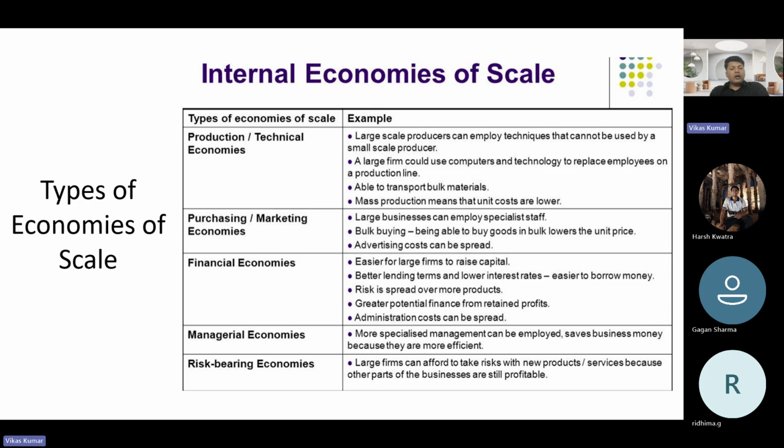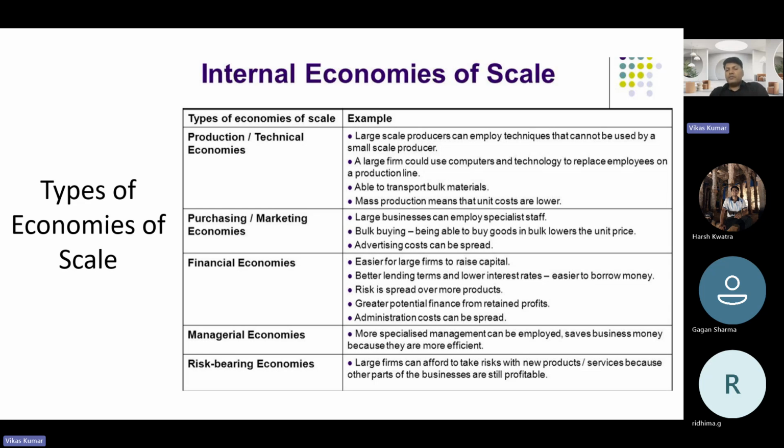Now let's discuss the next factor with respect to internal economies of a firm: managerial economies. More specialized management can be employed, saving the business money because they are more efficient. Not every company has the capability to hire people from Harvard, London Business School, Stanford or Princeton. In India, that means IIM Ahmedabad, Bangalore or Calcutta, IIT Delhi, MDI or FMS in the Delhi NCR area.